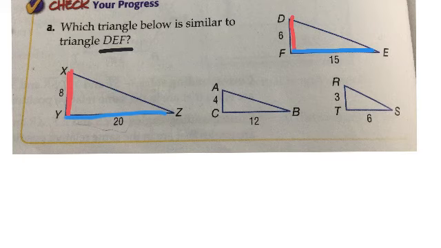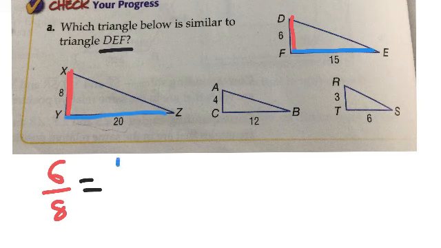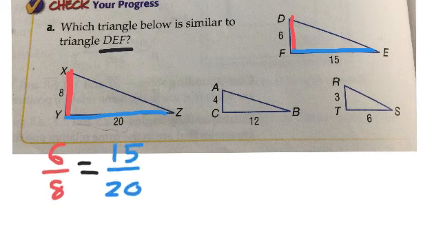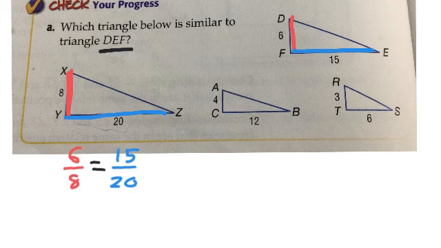So then I'm going to set up my fractions and see if they reduce to be the same thing. So I'm going to do side DF, which is 6, over side XY, which is 8. And I want to know, does that equal side FE, which is 15, over YZ, which is 20? Okay, so 6 over 8 reduces to 3 over 4.